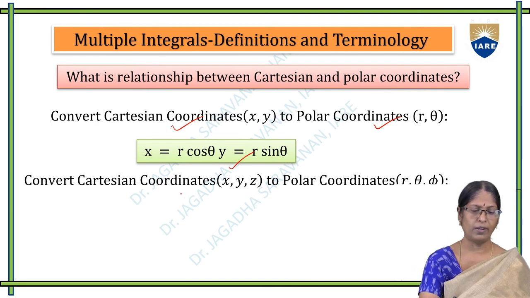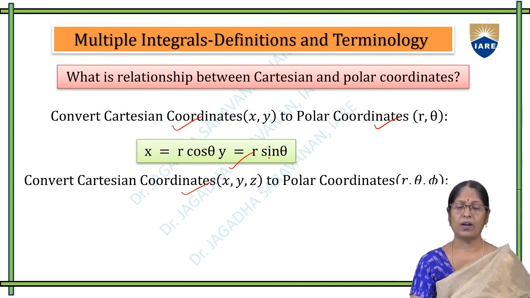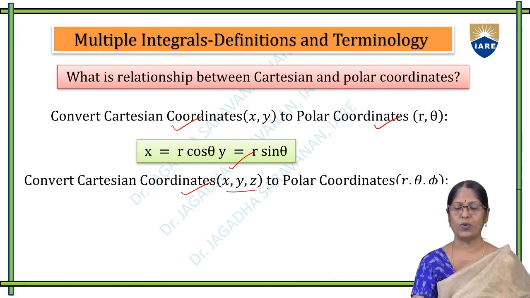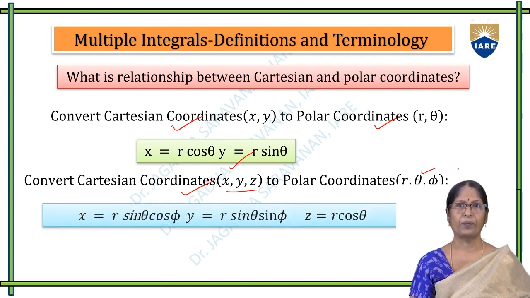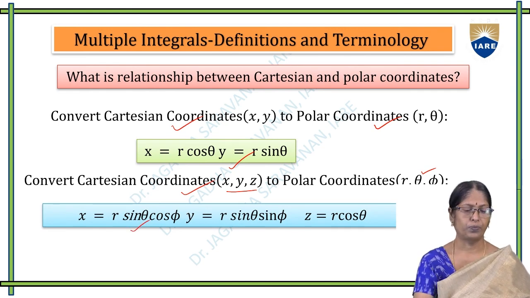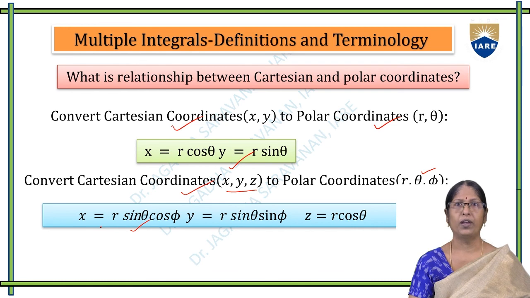In a similar manner, the Cartesian coordinates x, y, z in three dimensions are converted into polar form r, theta and phi, taking x equal to r sin theta cos phi, y equal to r sin theta sin phi, z equal to r cos theta.